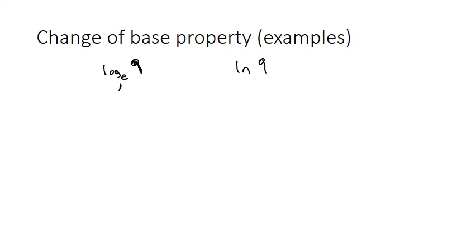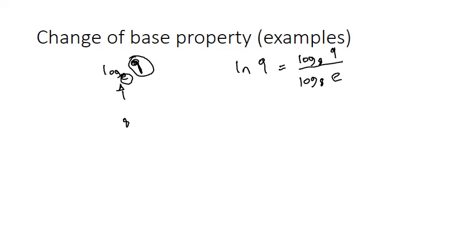Instead of a base of e, let's say that we wanted our new base to be 8. What would this look like? We would use our change of base formula and say we want the base to now be 8. We know that our argument is 9, so that would go in the numerator. And we know that our base is e, so that would go in the denominator.